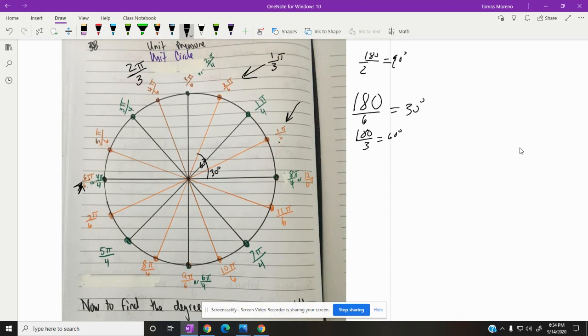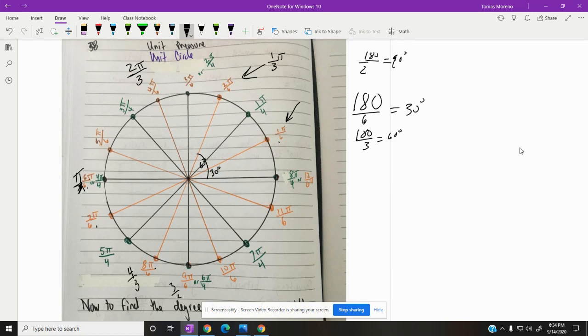So 6/6, which is just 1, which most of the time you'll just see this as pi, right? And then 7/6, 8/6, which this one will reduce to 4/3, 9/6, which you'll see as what? 3/2. Right? Yeah, 3/2.